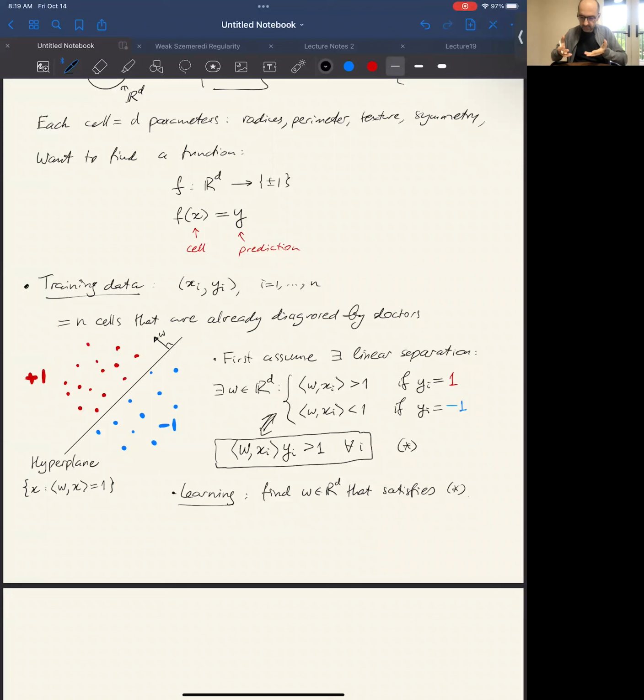Okay, how do you find W? Well, each inequality in here is a linear inequality in W. So it defines some half space, right? If I look at this inequality for a fixed i, it defines a half space in which W must lie. And there are n of them. So this condition, the set of all W's, is just the intersection.